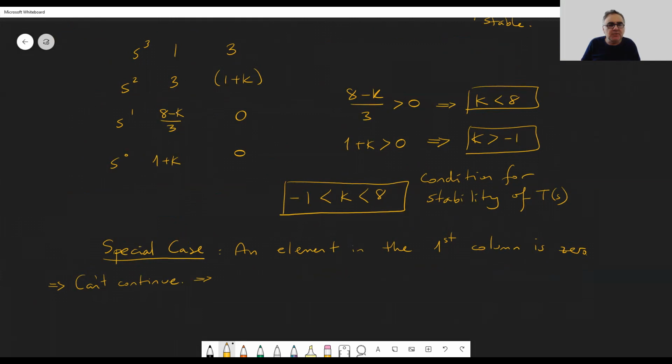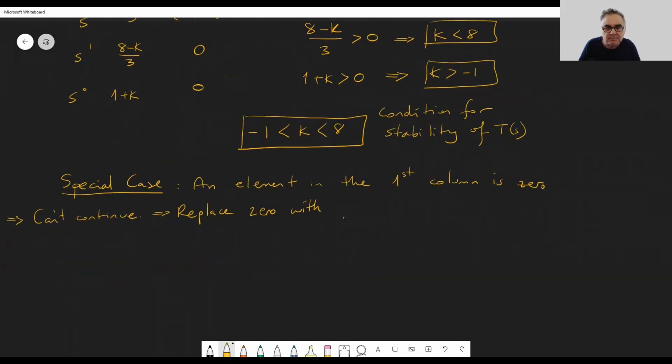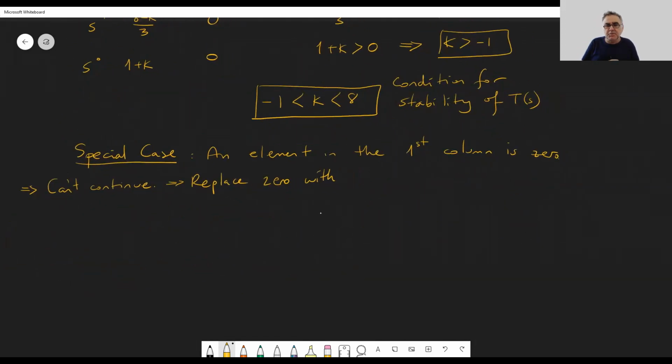For example, if you had k equals 8, we would have a 0 here, right? In this case, replace 0 in order to be able to continue.